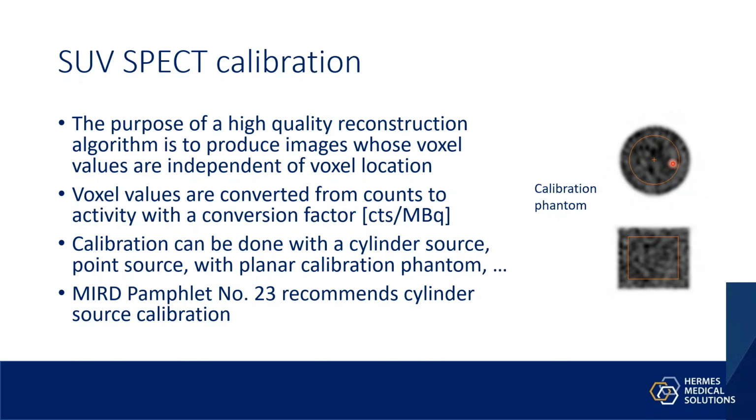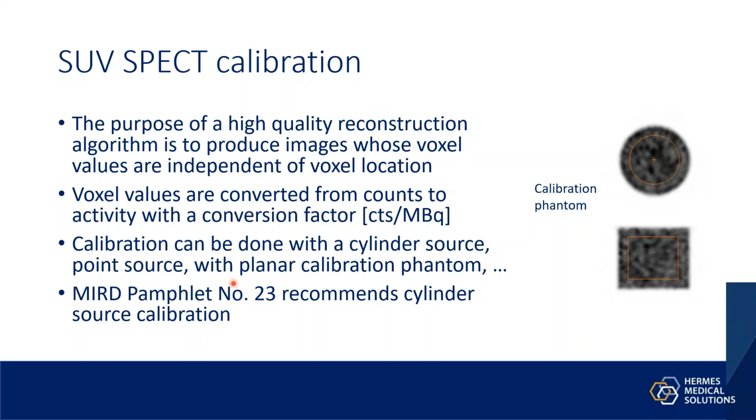You can also use planar calibration phantoms, and if we used the Monte Carlo based reconstruction method, we could get rid of the calibration process completely and use the Monte Carlo to model and produce absolutely quantifiable images directly.